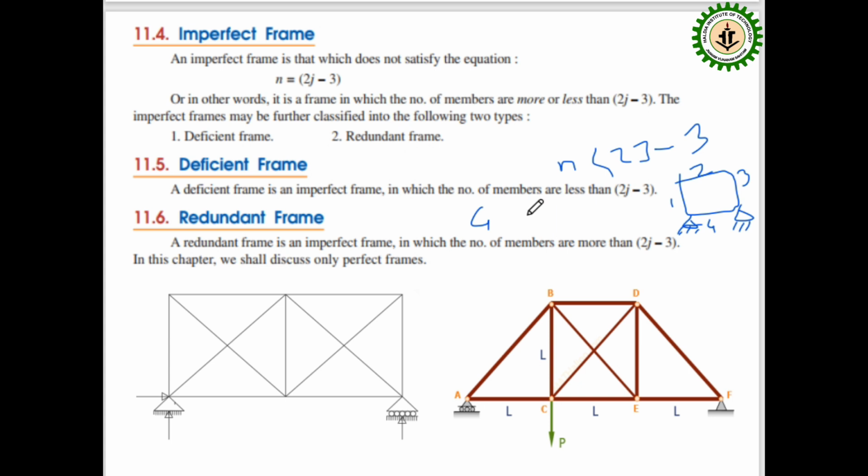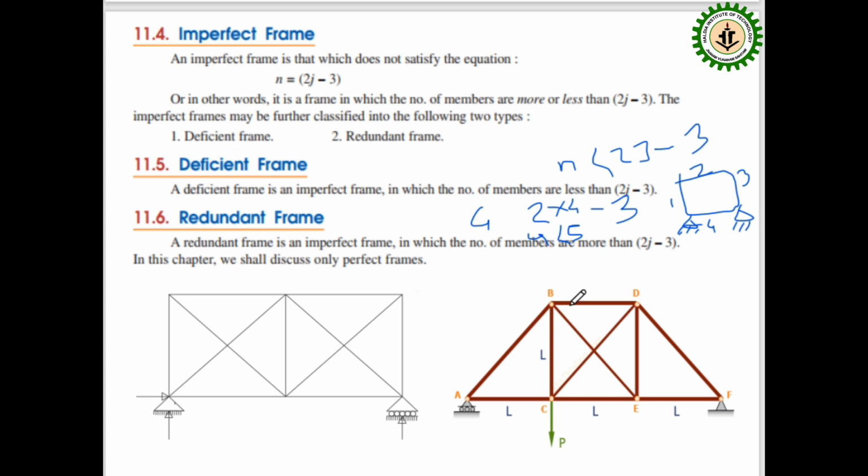Then 2j minus 3 is 2 into 4 minus 3. So 2 into 4 is 8. 8 minus 3 is 5. So this value is 5. 5 is less than 4. Sorry, 5 is greater than 4. So this type of truss member is called a deficient frame.